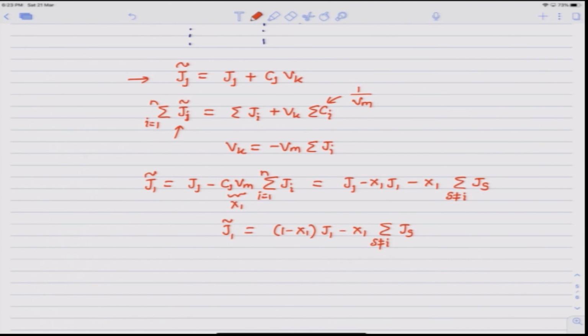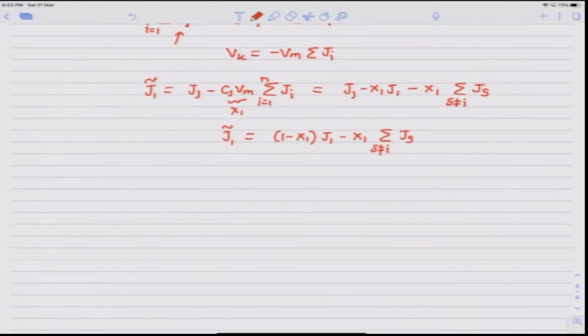So if we substitute for all Ji's in terms of Fick's law and compare the corresponding terms, we can obtain the interrelation between interdiffusion coefficients and intrinsic diffusion coefficients.